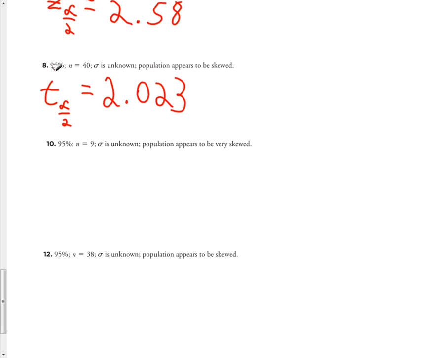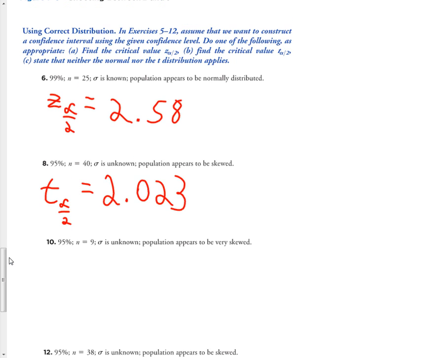The T of alpha over 2 is not going to be the same number unless we have the same sample size, so we can't assume that because it's 95% confidence, we're using the same critical value. Let's see if we can use it at all. N is equal to 9, sigma is unknown, and the population appears very skewed. Let's go through the flowchart to see if we can use any of the methods of this section.